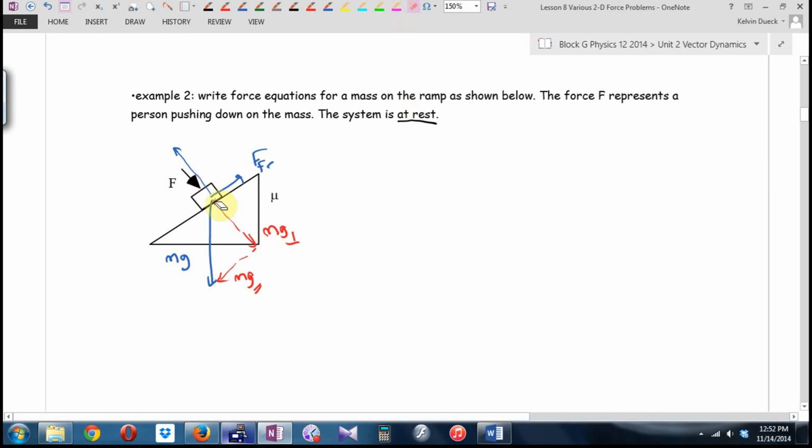How many forces are pushing into the ramp? 2. The normal force here is going to cancel out this and the applied. The normal force would be big. In fact, let's exaggerate it. Bigger, which would make friction bigger, which is probably why this is able to remain at rest. I'm not going to bother solving this, but there's our setup.